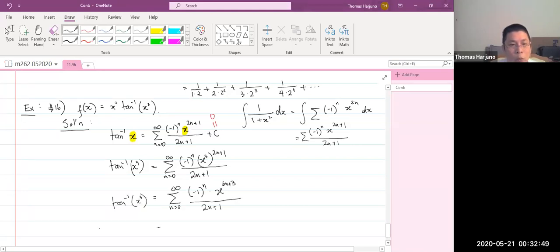So then what will x squared tangent inverse of x cubed be? Multiply the whole series by x squared.